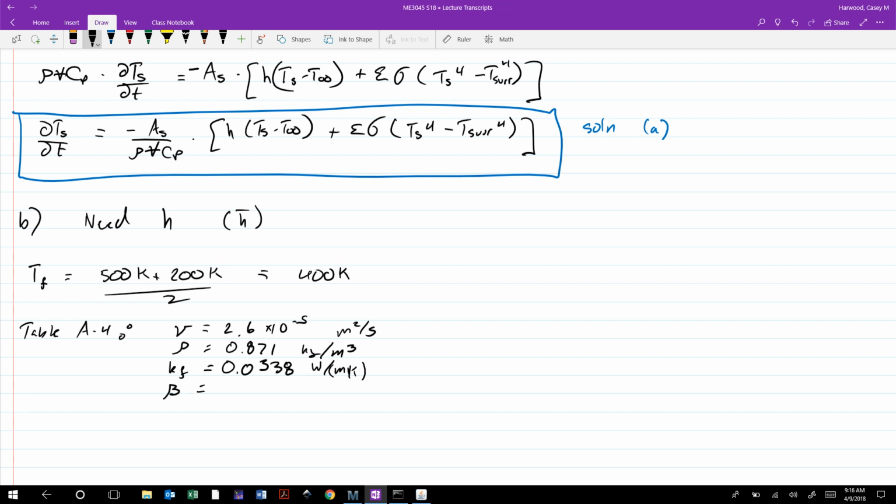It's not listed in table A4, but air can be treated as an ideal gas. So we're going to end up with 1 over T, which is 1 over 400 Kelvin.